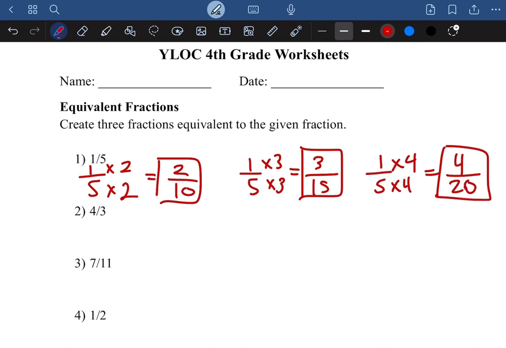Number 2, we have 4 over 3. So we're going to do the same thing as number 1. Multiply top and bottom by 2, 3, and 4.